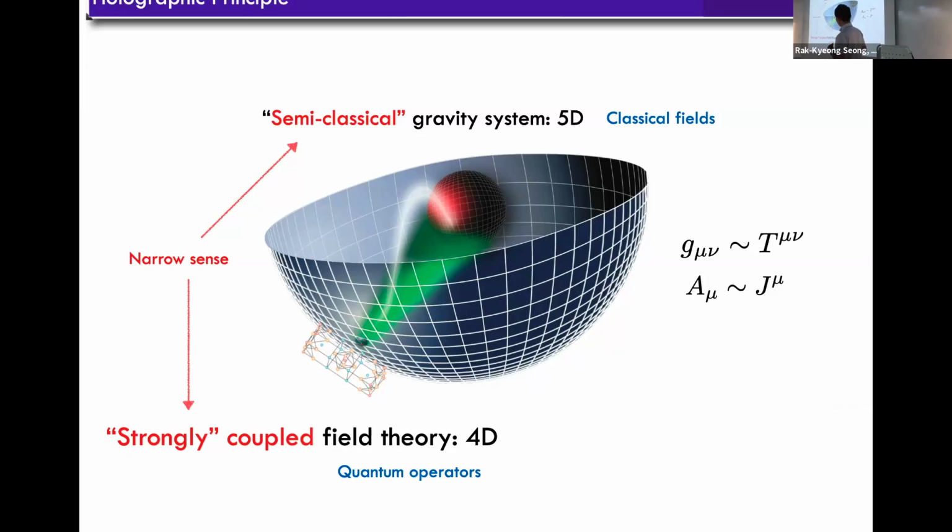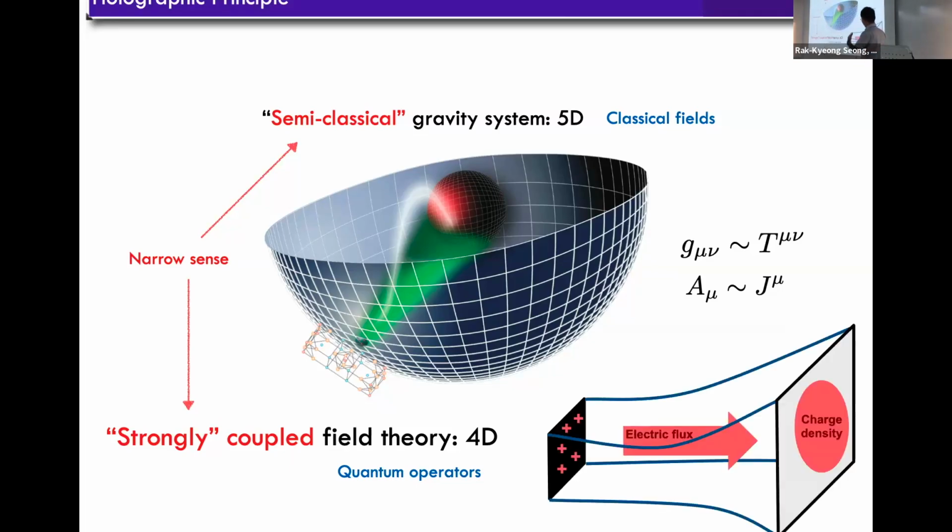By studying the three-dimensional dynamics and projecting it onto the two-dimensional screen, you can get some physical quantity. And that physical quantity can be some property of the quantum matter here. Okay, that's the mental picture. And there's a very important question: which object here corresponds to which object here? That's very essential but very difficult. So I'm not going to answer that question, but I'm going to assume there is a correspondence between these two dynamics.